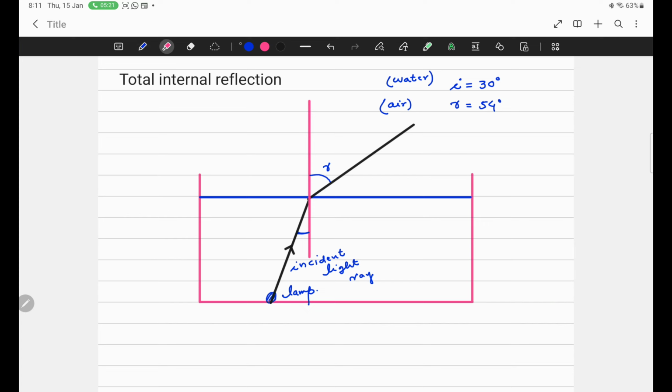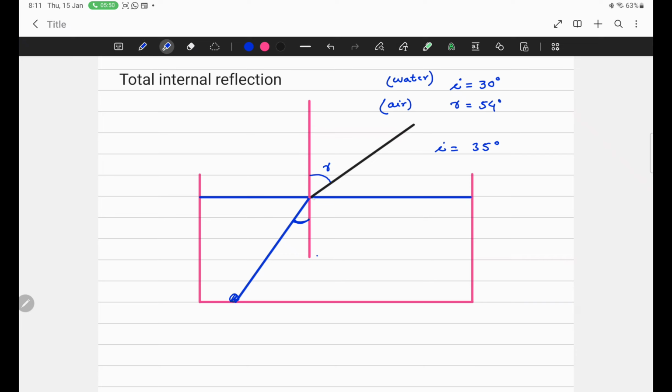Now if I ask you to change the position of the lamp, when you change the position of the incident ray, it means you have increased angle I. Consider now the incident angle is increased to 35 degrees.